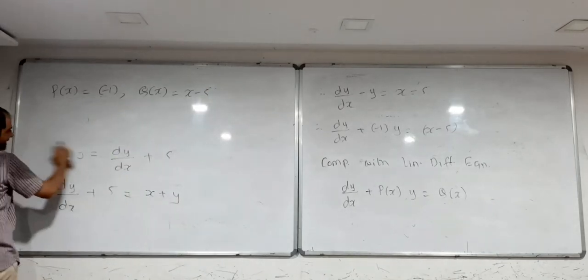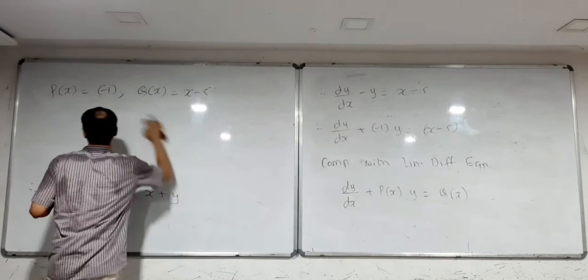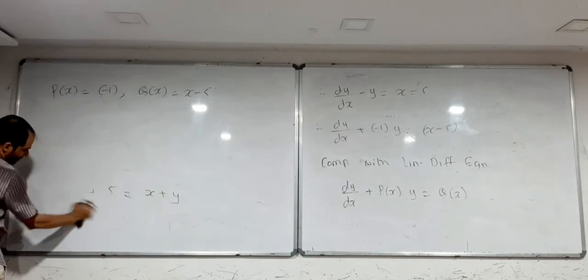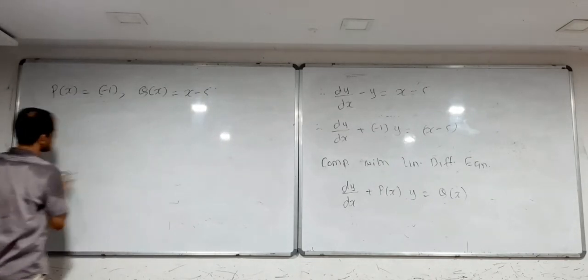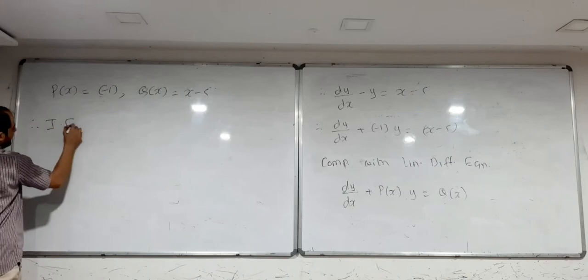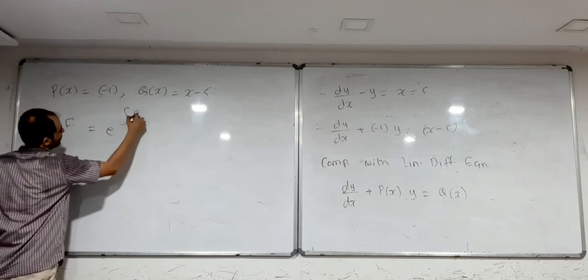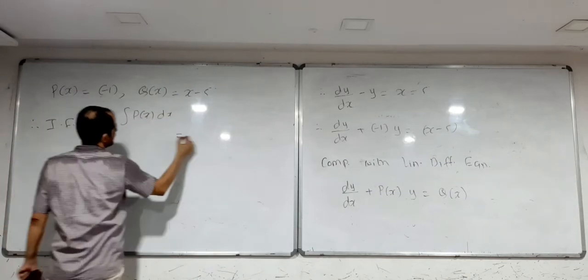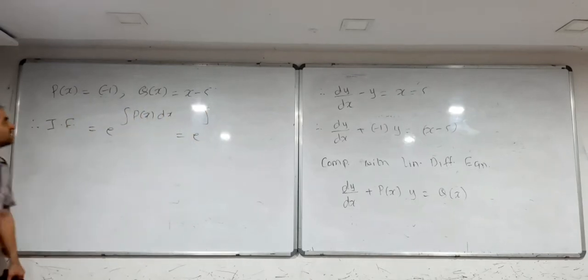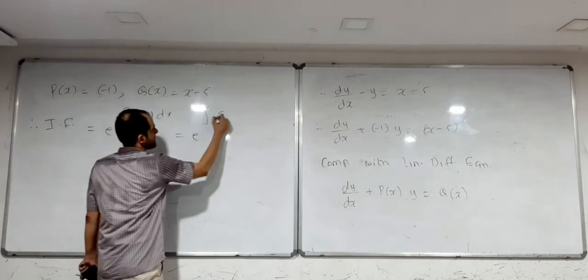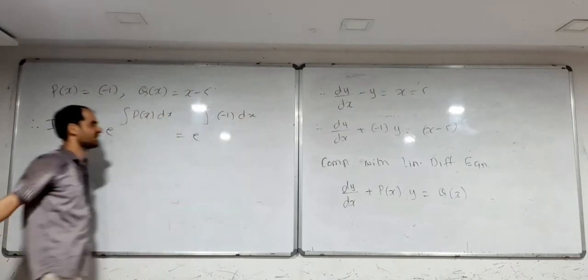ओके, अब इसका इंटीग्रेटिंग फैक्टर निकालो. इंटीग्रेटिंग फैक्टर कितना है? e raised to integration of p x dx. So integrating factor is e raised to integration of minus 1 dx, minus 1 outside, integration of 1 dx.